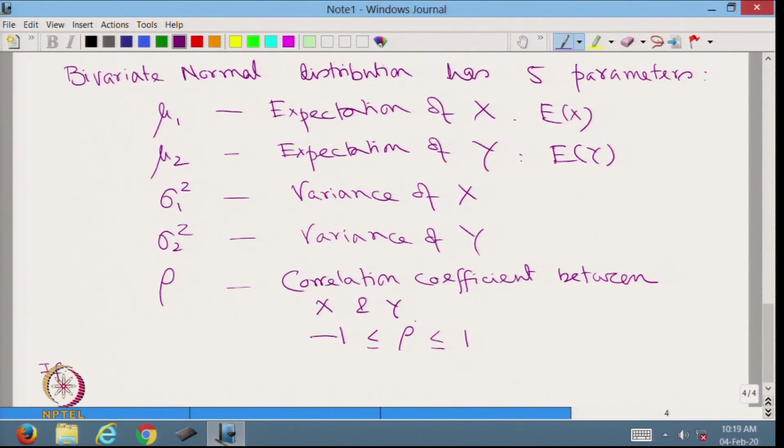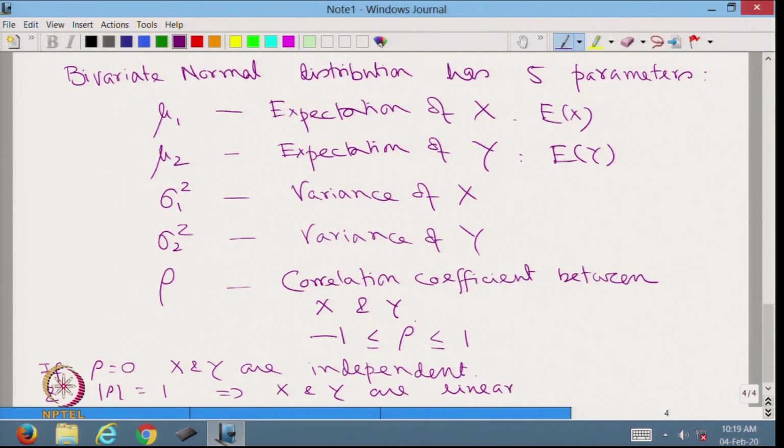If rho is equal to 0, x and y are independent, and mod rho is equal to 1 implies x and y are linearly related.